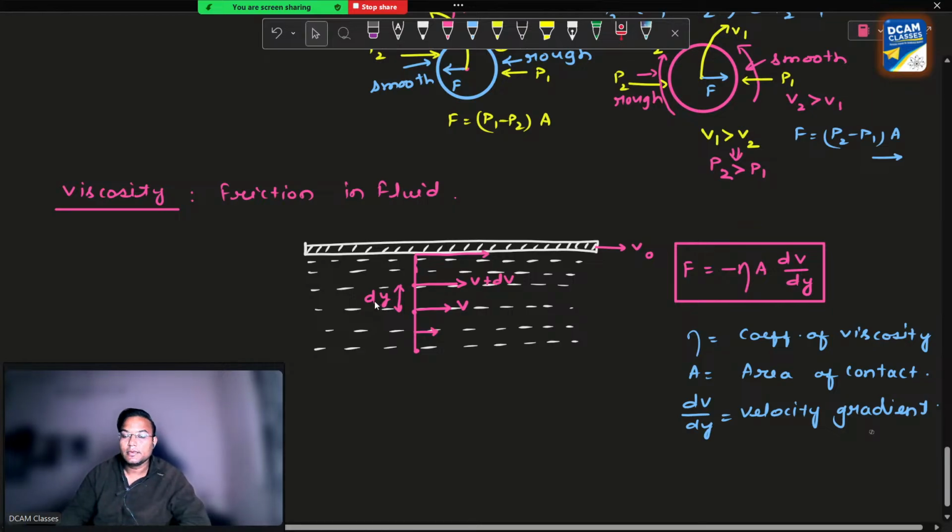Understood? This is the force due to viscosity, the opposing force, the force with which one layer is opposed by the second layer. That force is given by minus eta A dv by dy. Clear?